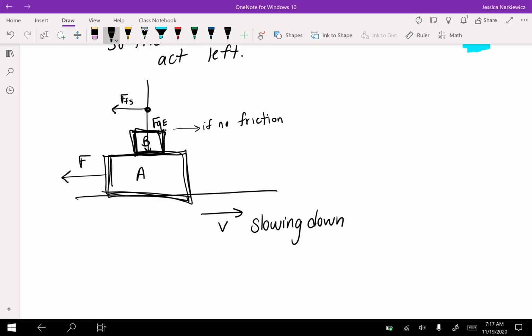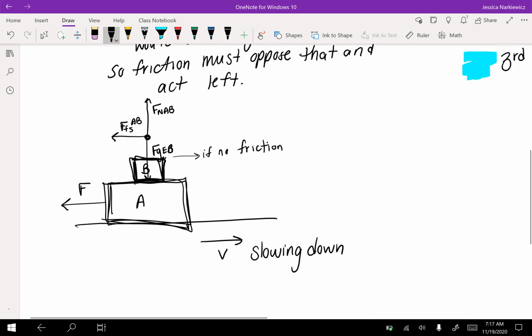Okay, and then we have a normal force from A on B, Earth on B, and this is A on B. Or if we're doing "on by," I guess it should really be force of friction on B by A, normal force on B by A, force of gravity on B by the Earth.